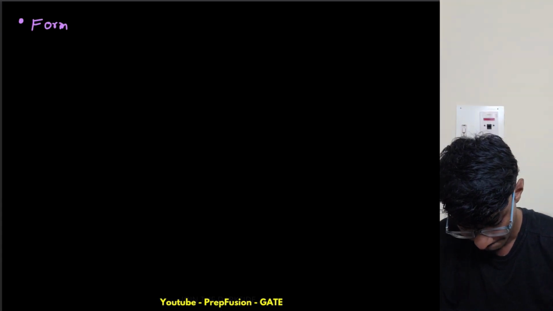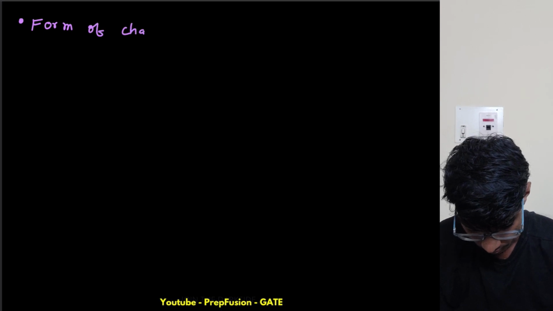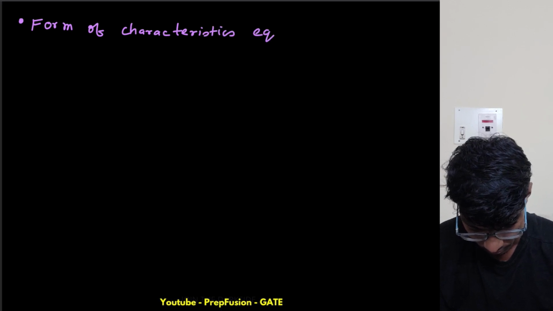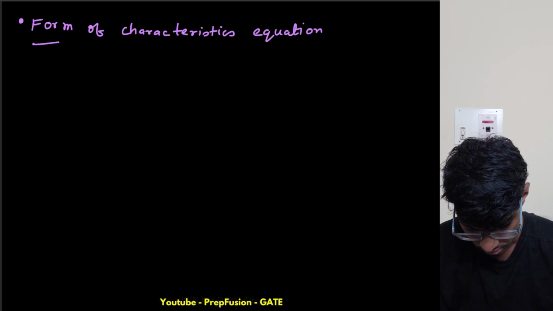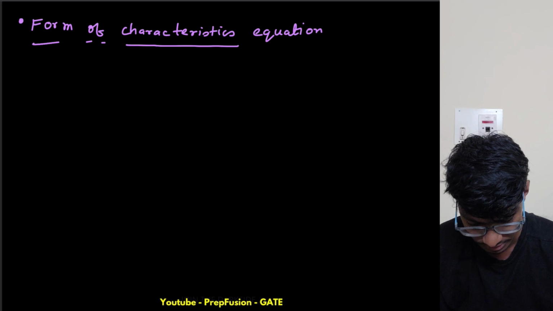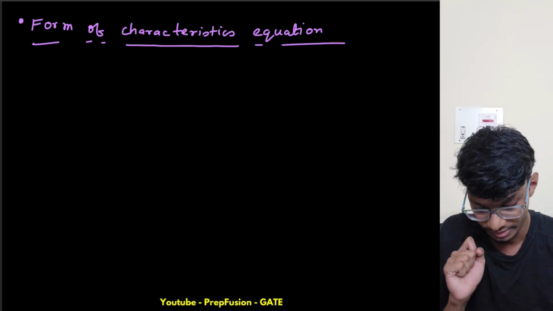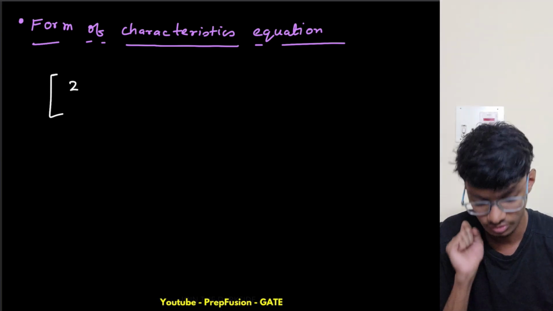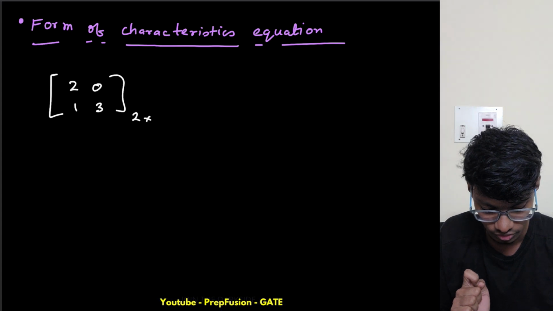So what is the form of the characteristic equation? Let's say I have the same matrix again, 2 1 0 3. This is a 2 cross 2 matrix.